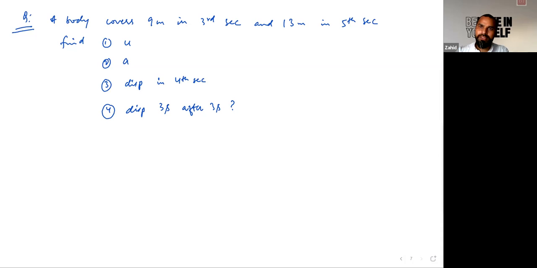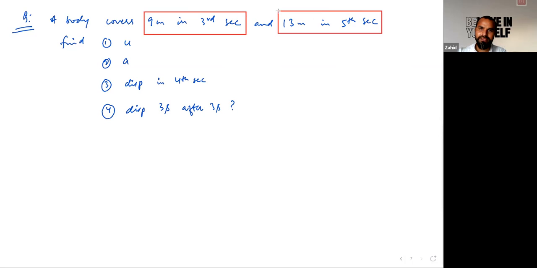I'm giving you some hint related to this particular problem. In this question, it is given that a body covers 9 meter in the third second. It means just a point of time. Similarly, 13 meter in the fifth second, so it is also a point of time.